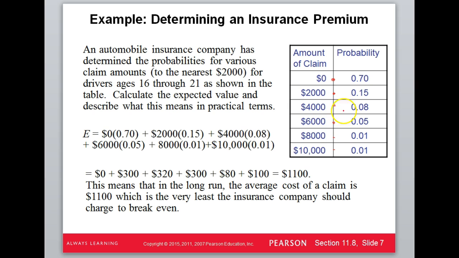But because they are having these low probabilities of very big numbers, it makes that claim need to kind of balloon up higher, or the average claim amount balloon up higher. So anyway, that's what the interpretation of that is. That's what they would need to charge to break even for all the different customers that file the claims. That's what they would need to charge for their premiums.